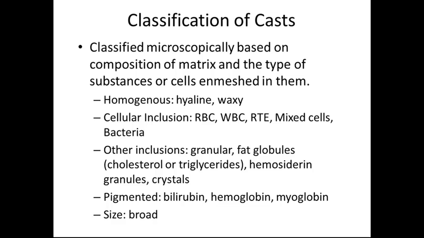Sometimes we'll have casts with cellular inclusions, such as red blood cells, white blood cells, renal tubule epithelials, mixed cells, or bacteria. Other inclusions can include granular, fat globules from cholesterol or triglycerides, and hemosiderin, which is an iron storage complex, can also be included in the casts.